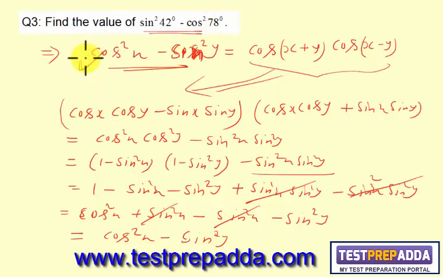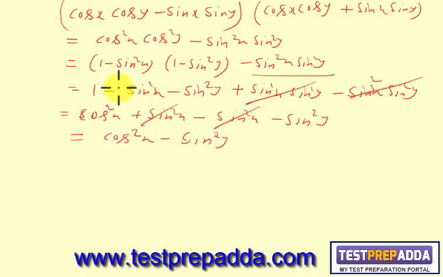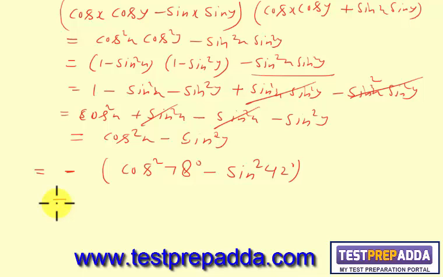So I'll use this identity here, cos square x minus sin square y is equal to cos x plus y into cos x minus y. For that I'll take minus common, so it becomes minus cos square 70 degree minus sin square 42 degree, which will be written as cos 120 degree into cos 36 degree, cos x plus y into cos x minus y.